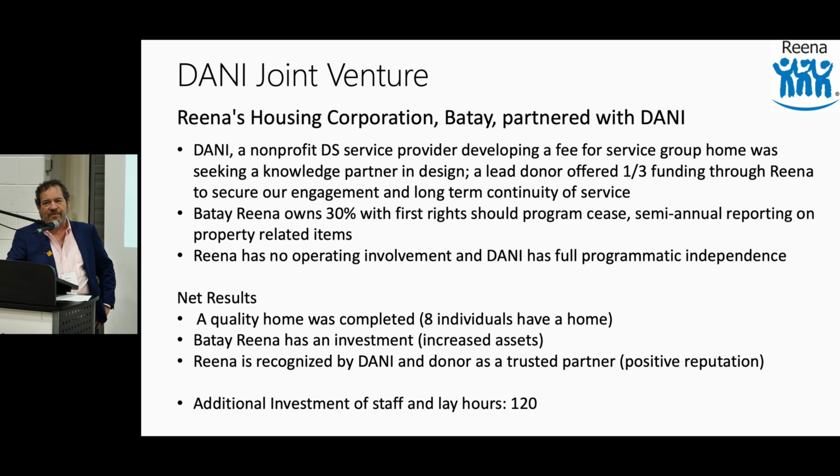We also did a joint venture with Danny Group. They were building a house, having a little bit of trouble figuring out how to construct it and meet the standards. They invited us to help. Some of their donors were connected to us and really wanted us involved to help solve it. We said we would do that, and so we became joint venture owners of their building, securing the building if they can't operationalize their service.